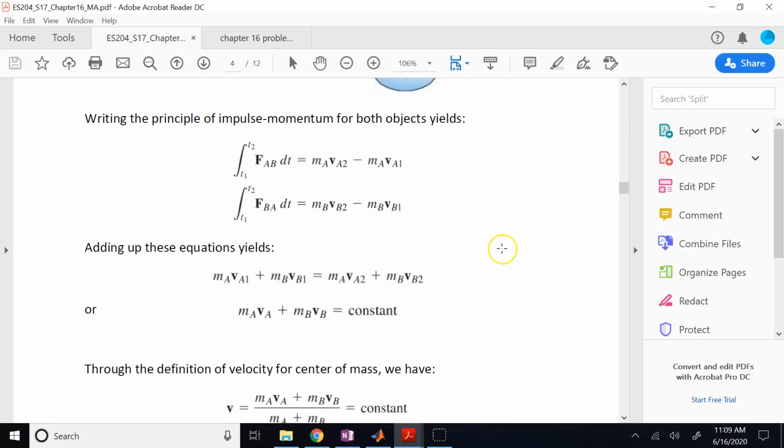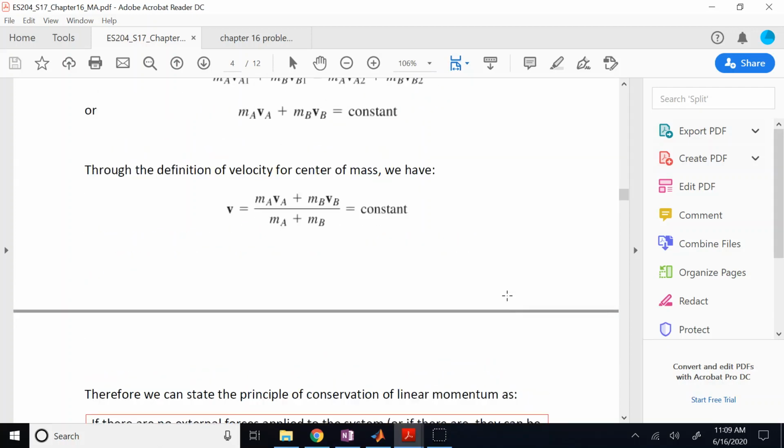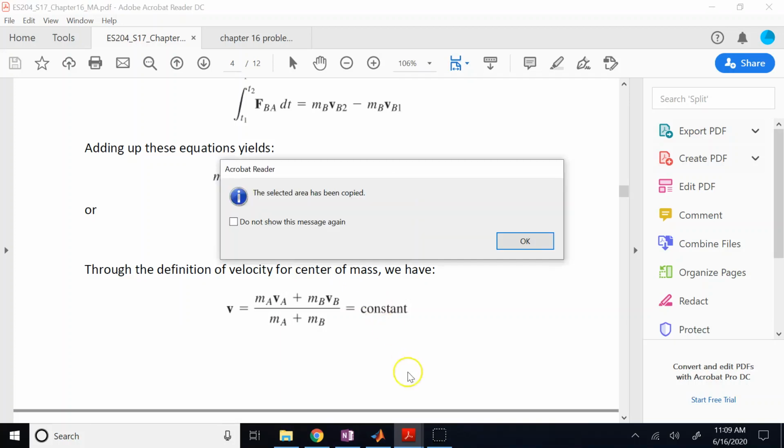Why? I'll tell you in a second. But before we go to that, which is really important: since this quantity, the total linear momentum of the system, is constant, what does it mean?